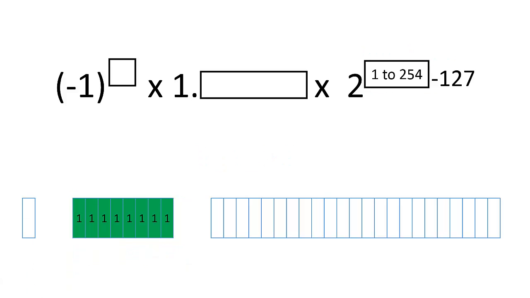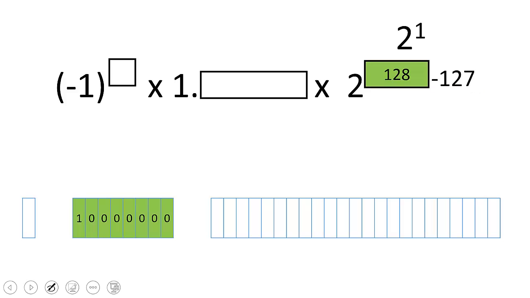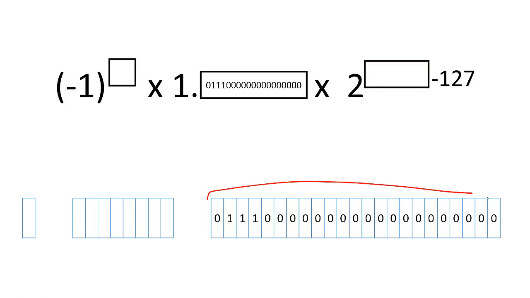Normalized components, the exponents, though, exist in the following range. To create positive and negative exponents, we subtract 127 from the exponent value represented by the 8-bit unsigned binary number. Consequently, we can represent a rather large range of exponents. The last 23 bits are used to represent the mantissa or fractional component of the representation.